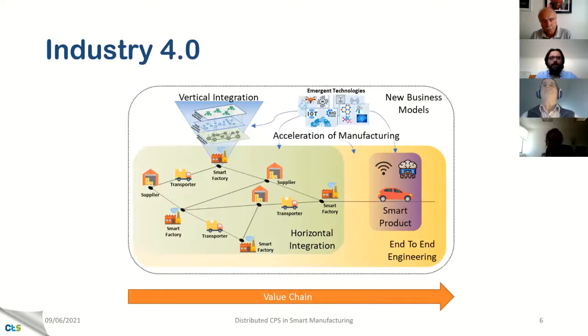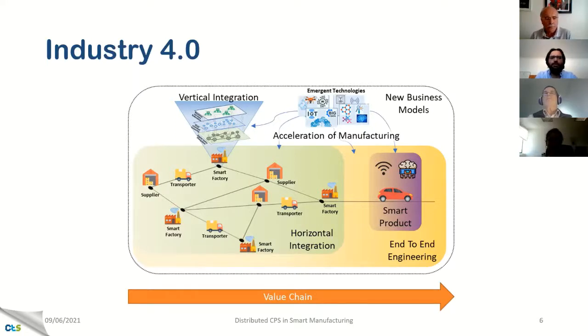Now, the product is developed and designed during the entire value chain and not only inside the factory or by the design departments. And all these functionalities are supported by new emergent technologies, highlighted as the acceleration of manufacturing.